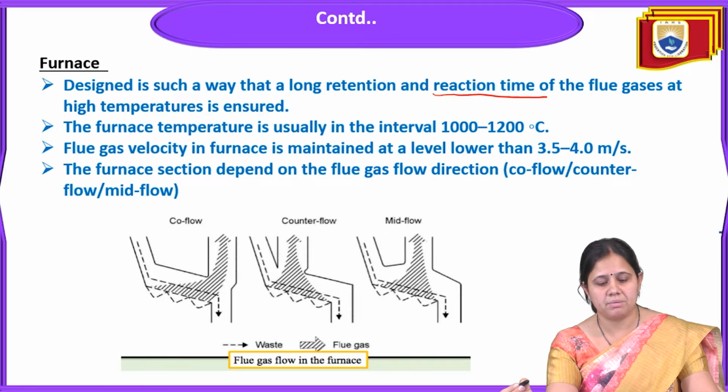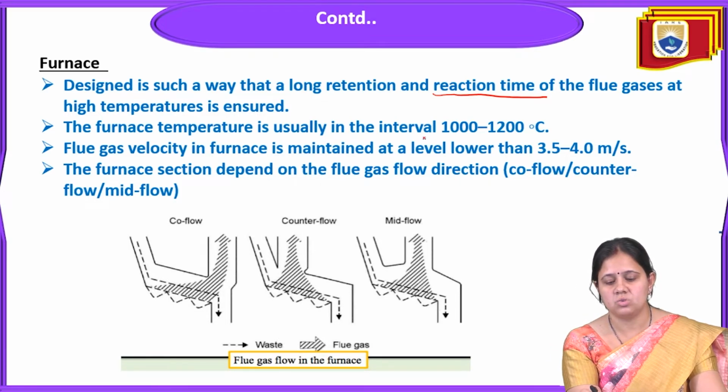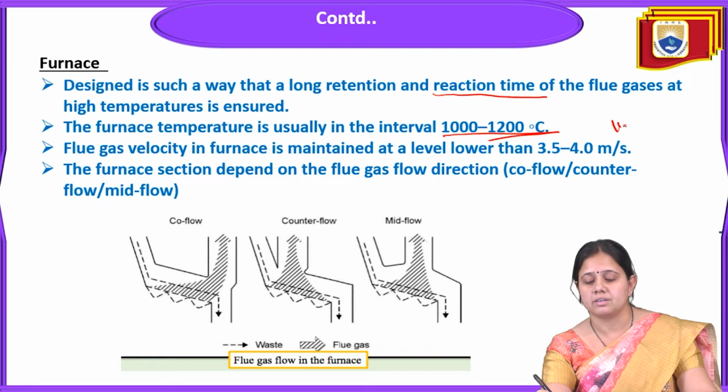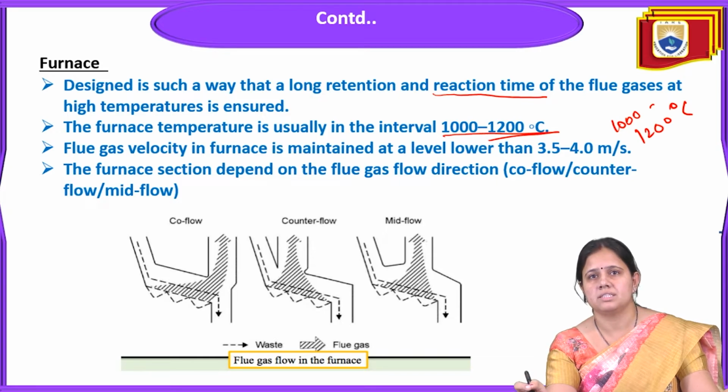It can be designed in a way that the long retention and reaction time of the flue gases at high temperature is ensured. The furnace temperature is usually in the interval of 1000 to 1200 degrees Celsius.